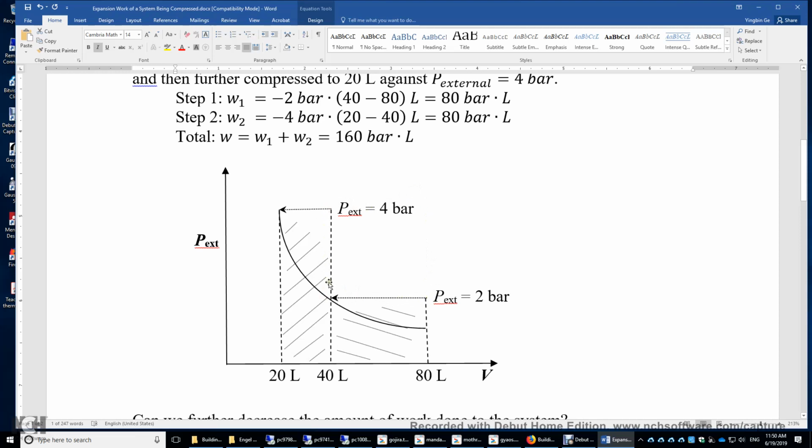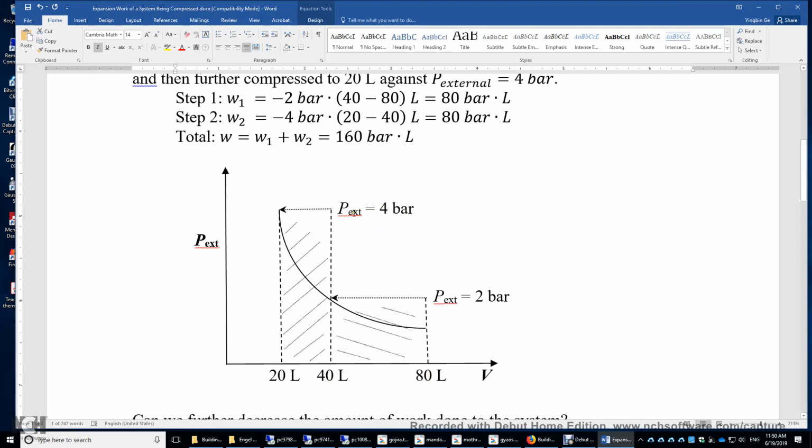In the one-step process, the system is compressed against the 4 bars from 80 liters to 20 liters, so we need to include this rectangle, which is 4 bar minus 2 bar, which is 2 bars, times the difference between these two, 40 liters.